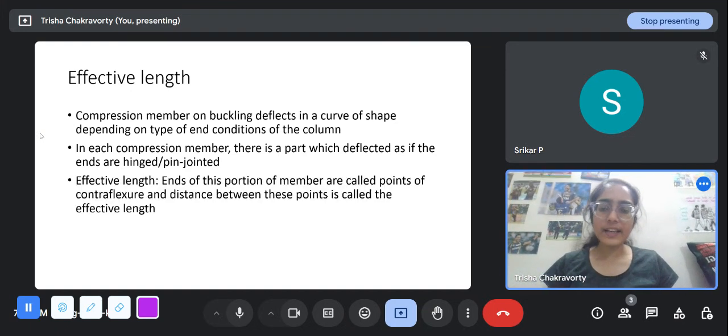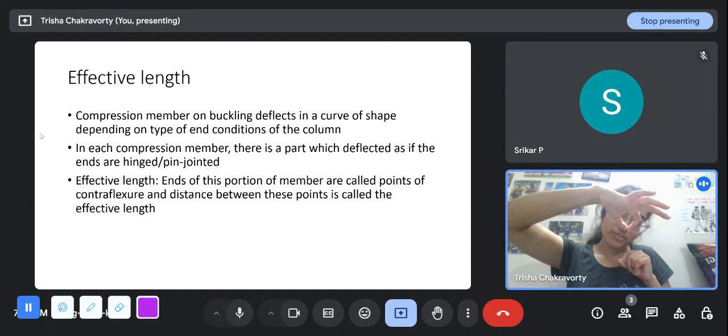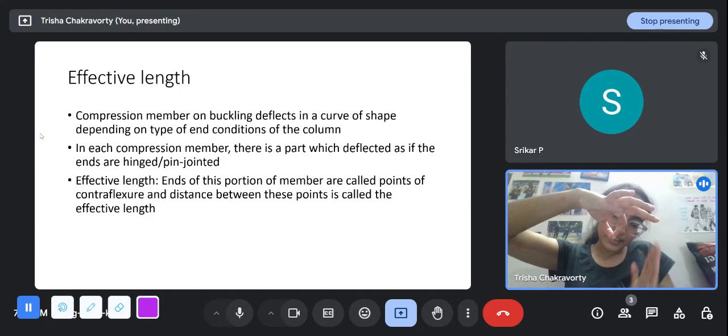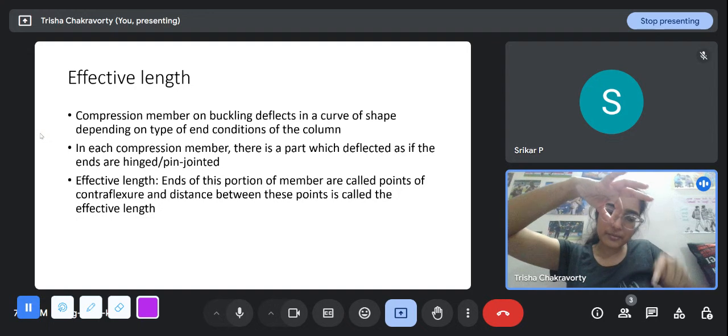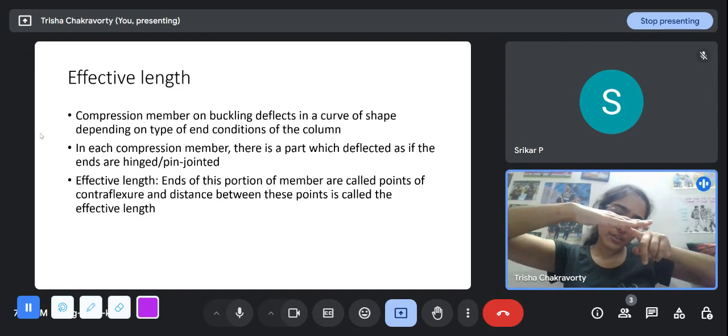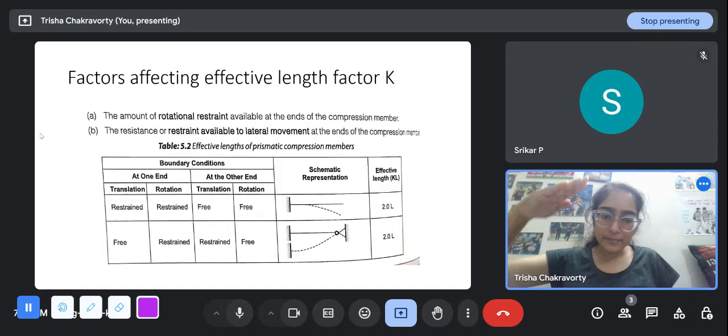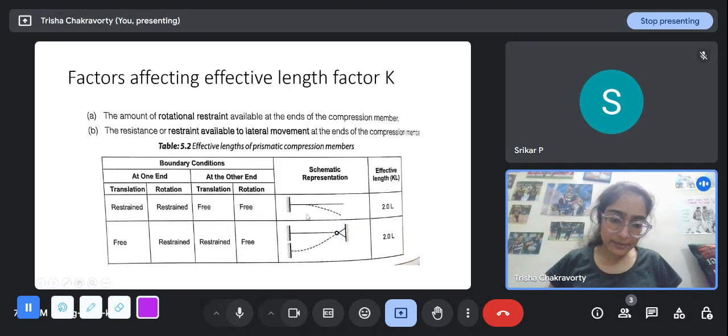Suppose I have a member like this, and both ends are pin jointed, then under buckling it will show a quadratic kind of shape from end to end. But suppose both ends are fixed, then it won't, because we know that rotation is not allowed at a fixed end, so it can't assume a shape like this. If it is a fixed end, this is not possible because here the rotation has to be zero.